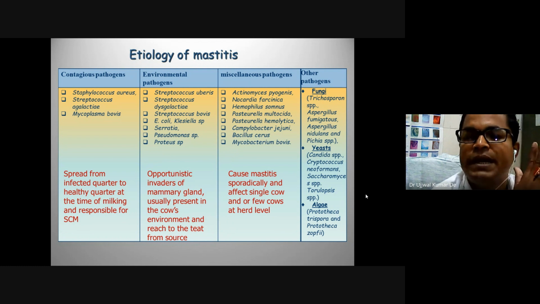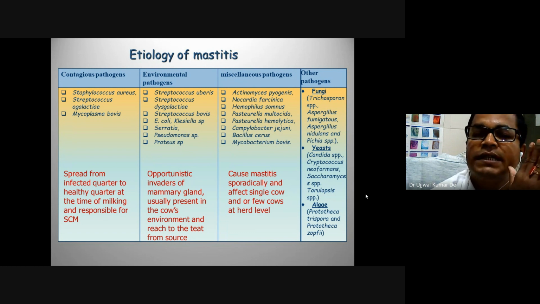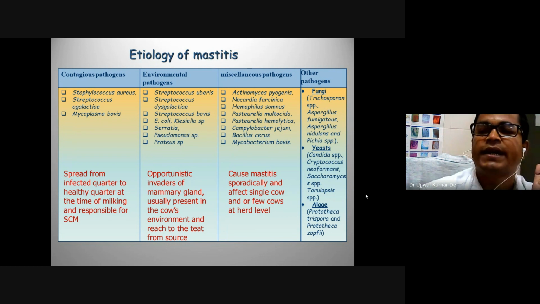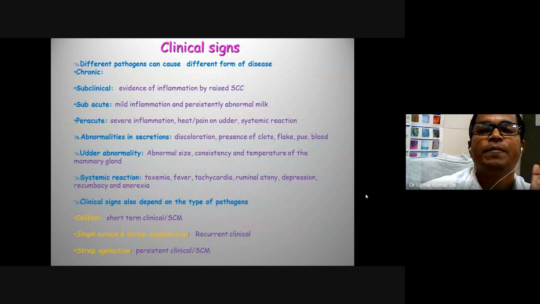Viral diseases are not directly responsible for mastitis, but as a secondary cause they produce it. Suppose a farm is affected by an FMD outbreak; in post-FMD cases, after recovery, some animals definitely suffer from internal mastitis. So viruses cause mastitis secondarily, not directly.